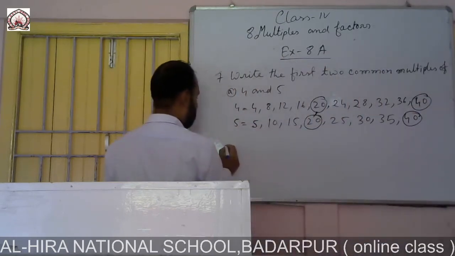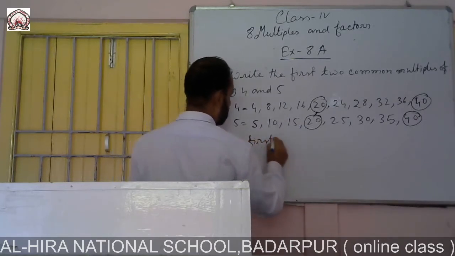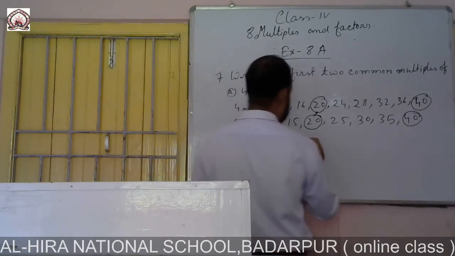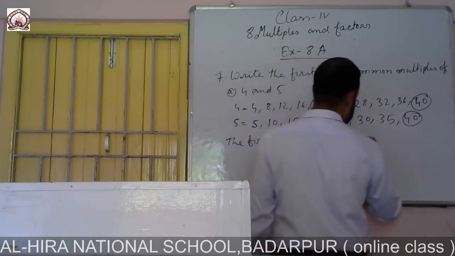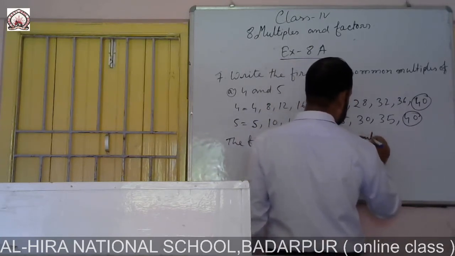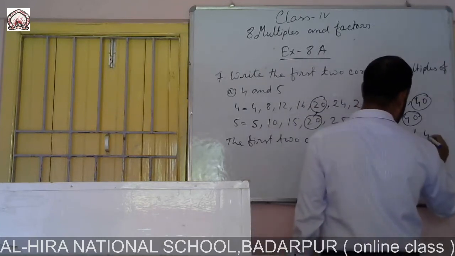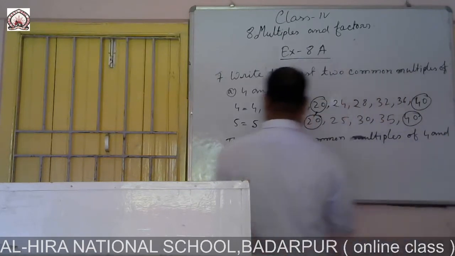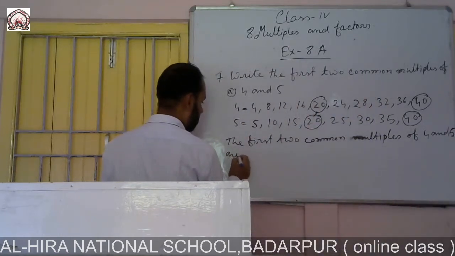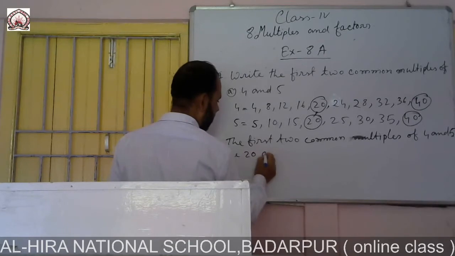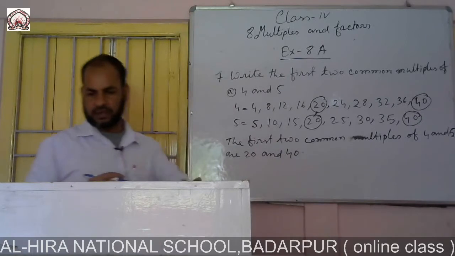So the first two common multiples of 4 and 5 are 20 and 40.